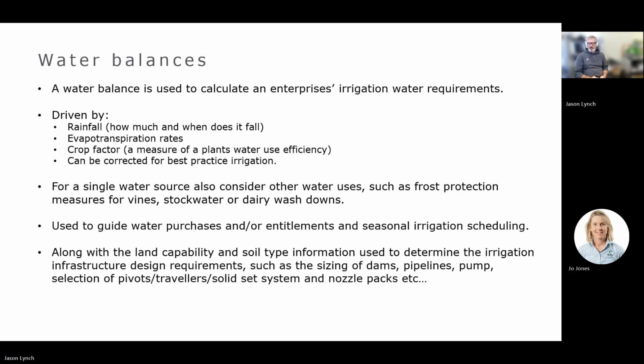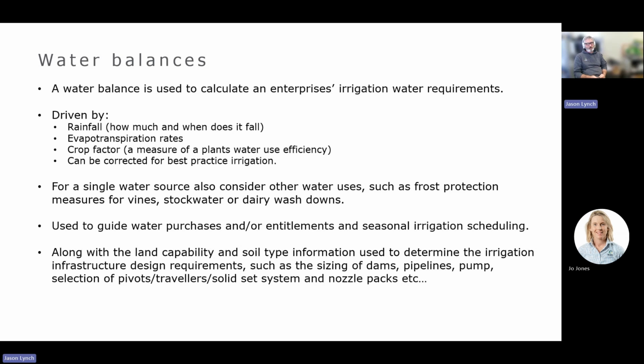So combined with land capability and soil type information, we use these water balances to really help us work out what we need to do with irrigation infrastructure design requirements. Understanding all this, do we need to increase the size of our dams? Do we have sufficient storage capacity?